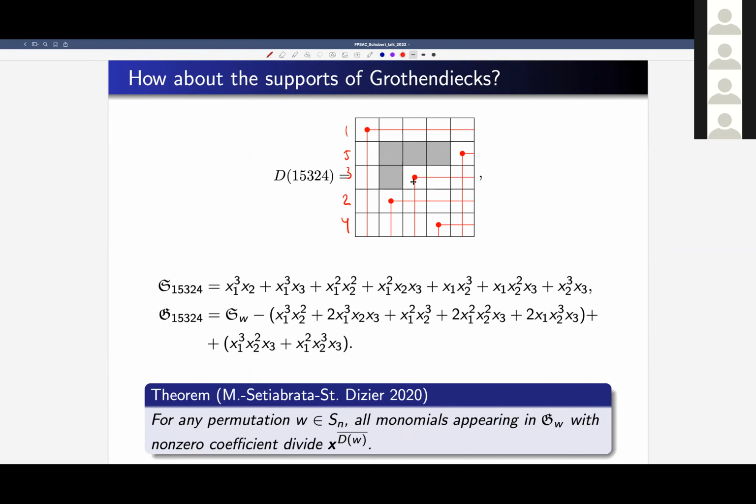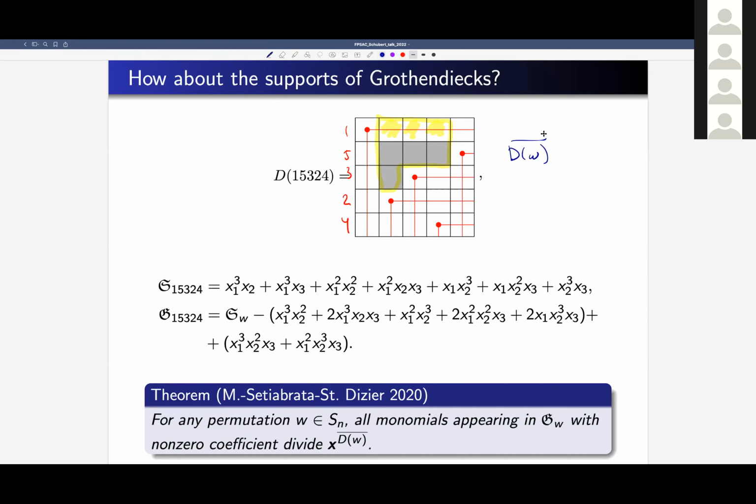Okay. So one thing that this theorem, which is joint work with Linus Setiabrata and Avery St. Dizier, says is take this Rothe diagram and take everything above it. So add these guys into it. Together, this is d of w bar.